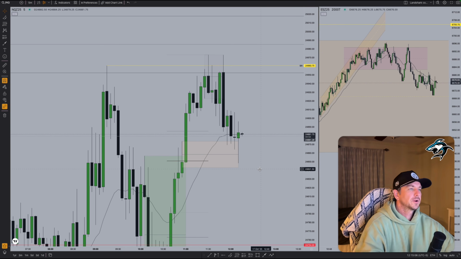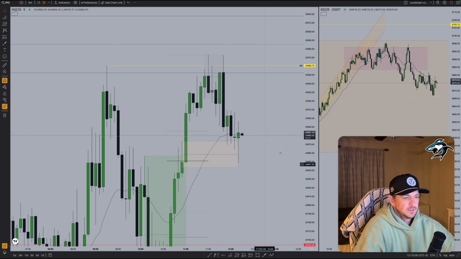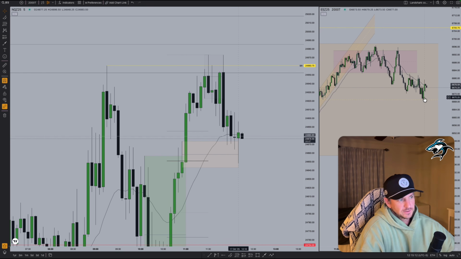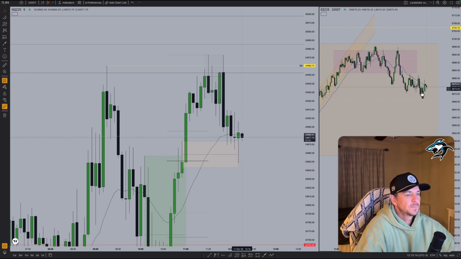And so what would I expect here? Well, we are below the EMA on the S, so we have that going against us for a long. But we just swept this low, this 5 minute candle, and we closed above the EMA. So what can we see?